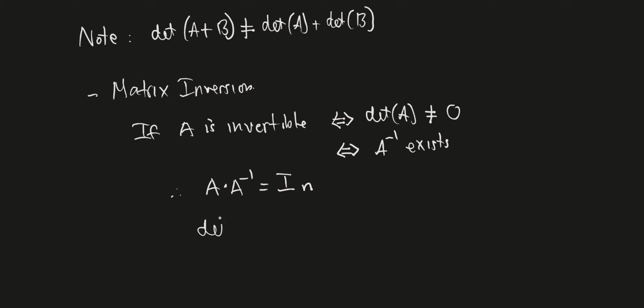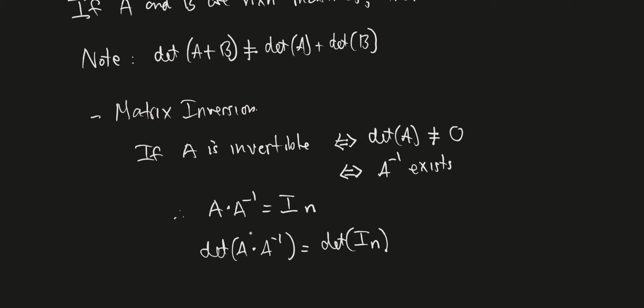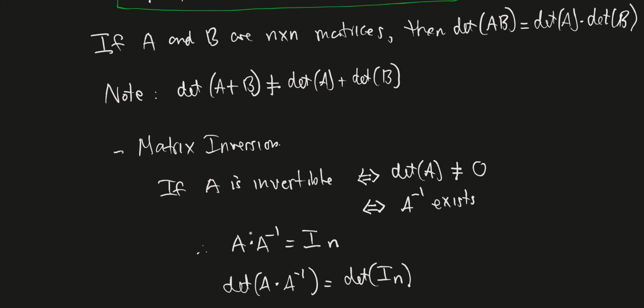So if I took the determinant of A times its inverse, well, that would have to be equal to the determinant of the identity matrix, right? Well, the property that we just proved is that if you're finding the determinant of a product, in fact, let me scroll back up so it's still right there. There is this property.